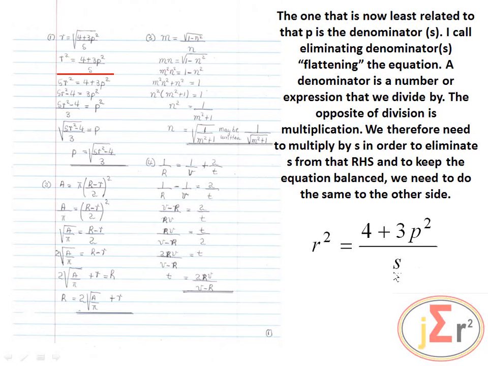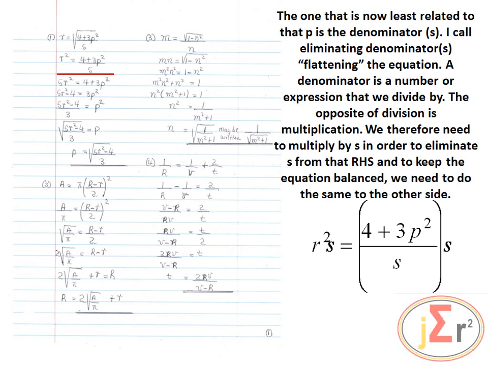In order to eliminate this denominator, we will multiply by S, which is the same exact thing that is in the denominator. So we will eliminate that denominator by multiplying by S. And we need to do the same on the other side in order to keep the equation balanced.